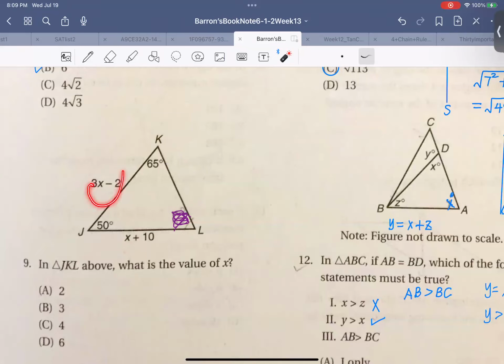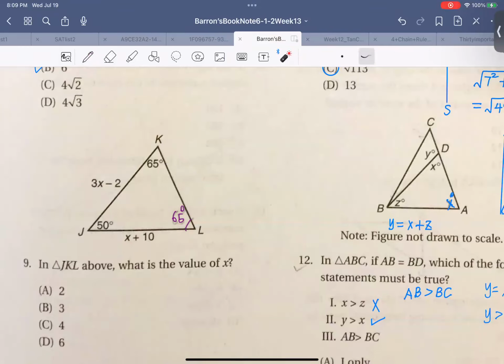What can you solve? At least you know the angle. Let's see how much will be here. 65. When you say 65, do you feel happy?